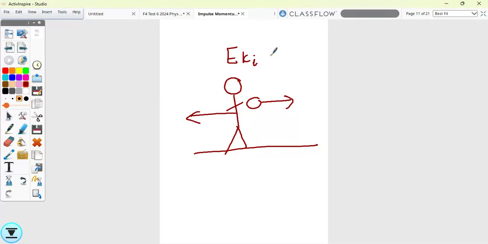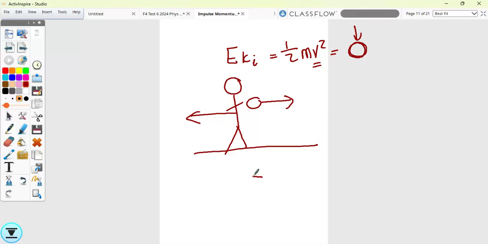So initial EK, because the velocity is still half mv squared, before the collision the velocity is 0. So it's always going to be 0. This is the part that people miss.